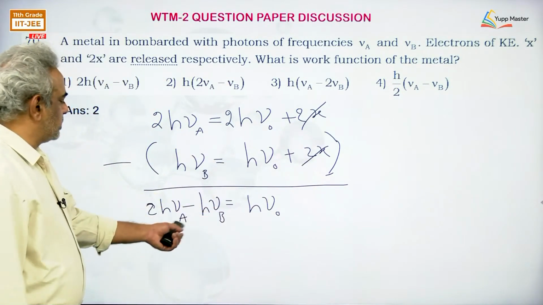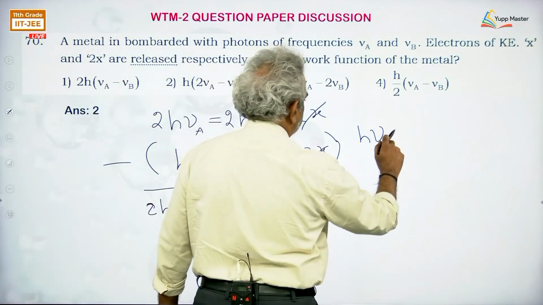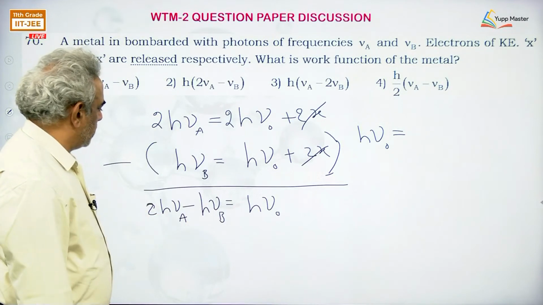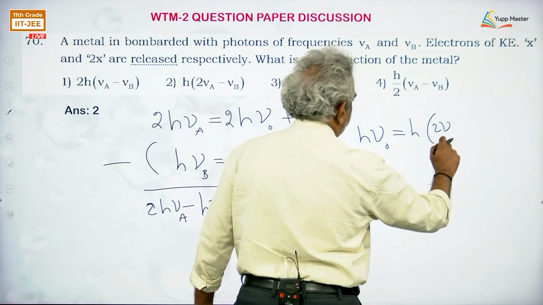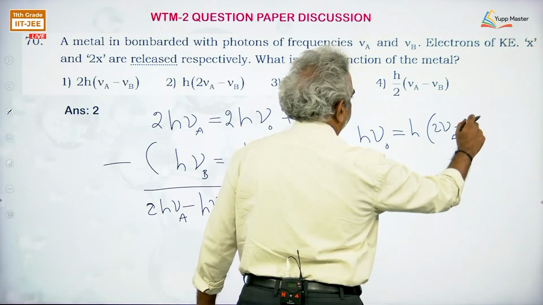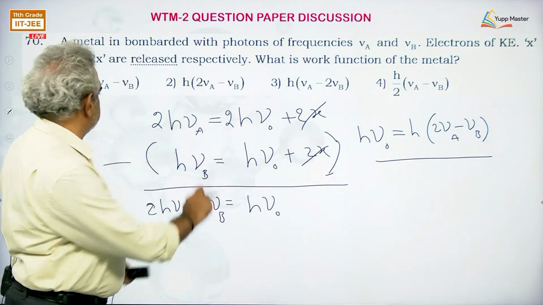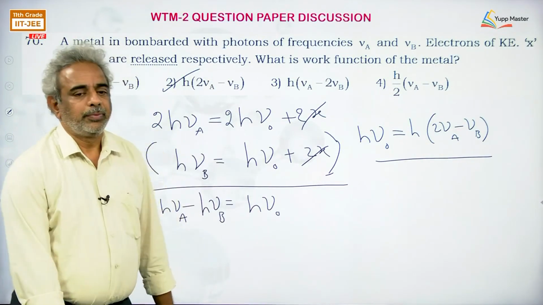So h nu naught, which is the work function of the metal, is nothing but, taking h common, h times 2 nu A minus nu B. This is, I think, yes, this is the answer.